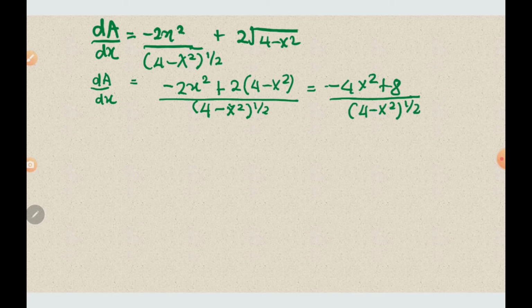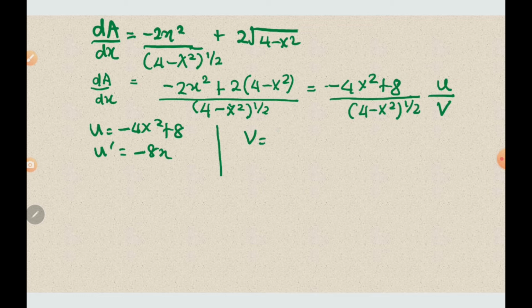To get the second derivative, we will use the quotient rule here, where I will let u as the numerator and v as the denominator. So u equals negative 4x squared plus 8. u prime equals negative 8x.